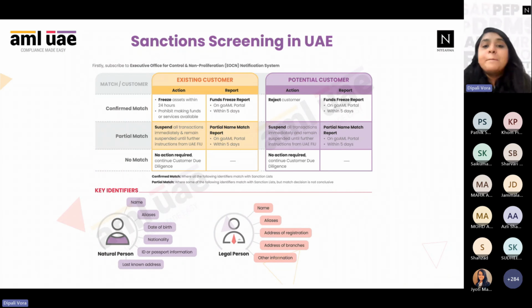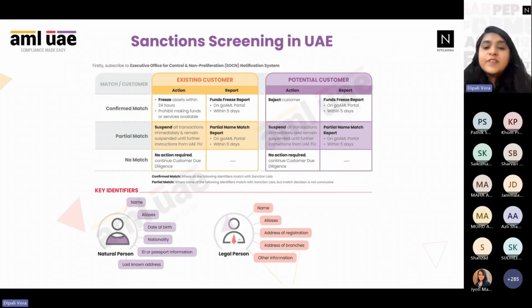You have to file a PNMR, that is a partial name match report, within 5 days. All transactions must be suspended with immediate effect, and transactions can be entered into with that person only after you have received certain instructions from the financial intelligence unit.